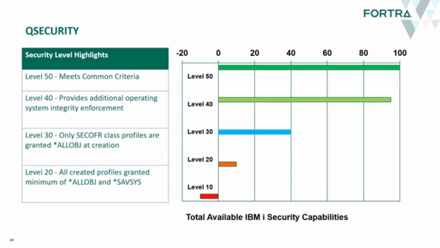So that's why that's highlighted on this slide, is to really drive home the fact that level 20 right now is the weakest. Level 30, you're at least not granting all object to all users, but you do have some exposures to authorities that could allow for user profile impersonation. Level 40 is really where you want to be.